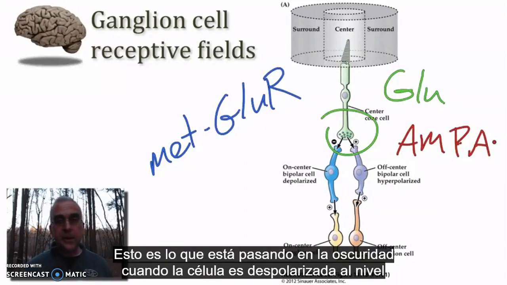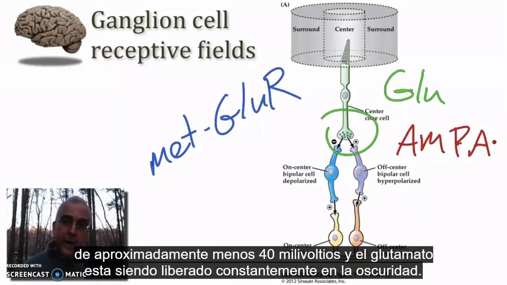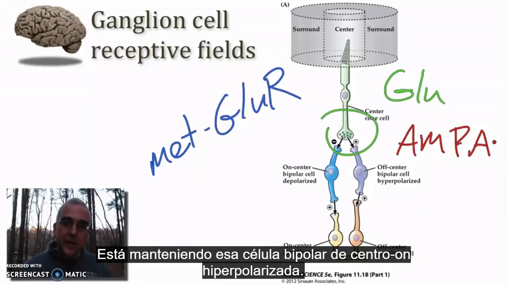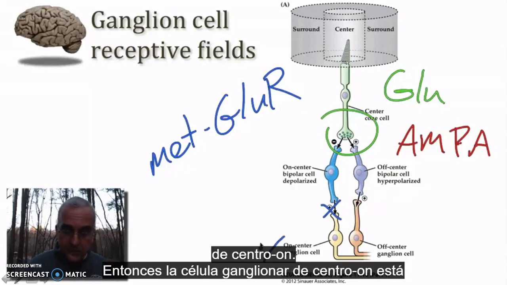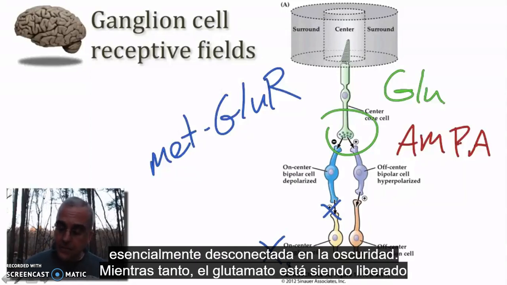And when glutamate binds to the AMPA receptor, there's a depolarizing response. So this is what's happening in the dark when the cell is depolarized at the level of about minus 40 millivolts, and glutamate is being released constantly in the dark. It's keeping that on-center bipolar cell hyperpolarized, meaning that it is not releasing its neurotransmitter on the on-center ganglion cell, so the on-center ganglion cell is essentially turned off in the dark.